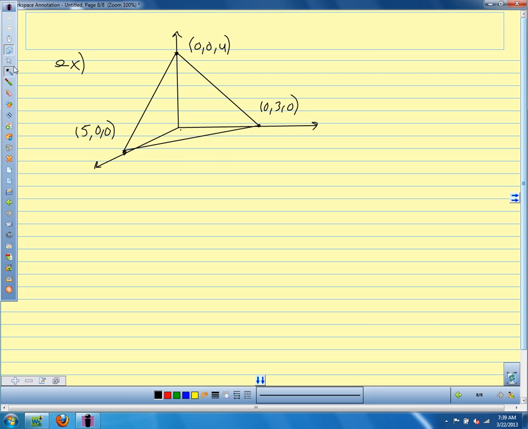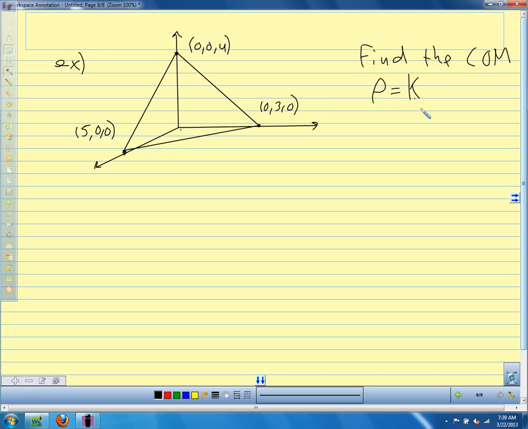And our problem here is we want to find the center of mass of this region. We're assuming that rho equals some constant, or I'll say rho equals k rather than 1.